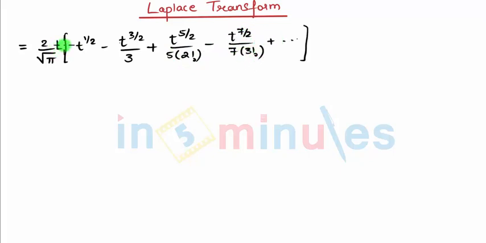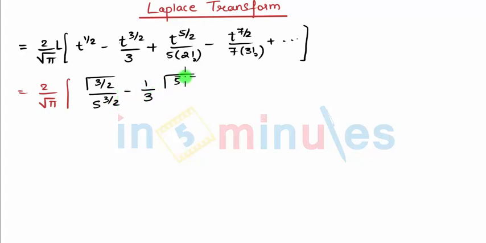So now we need to find the Laplace of this. Again I can write it as 2 upon root pi, Laplace of t raised to half, that comes gamma of 3 by 2 divided by s raised to 3 by 2, minus 1 upon 3 gamma of 5 by 2 divided by s raised to 5 by 2, plus gamma of 7 by 2 divided by 5 into 2 factorial into s raised to 7 by 2.